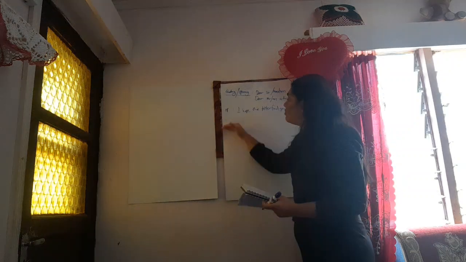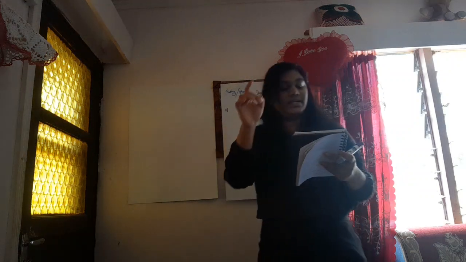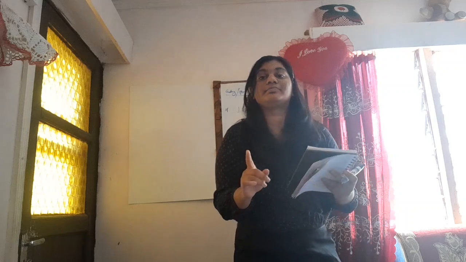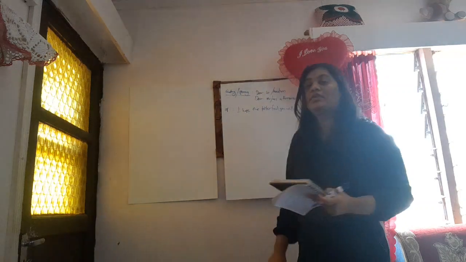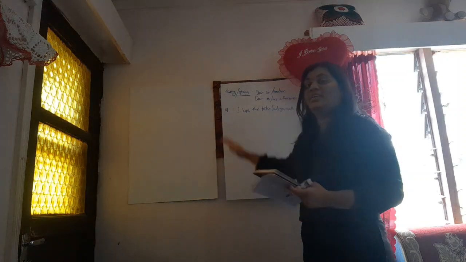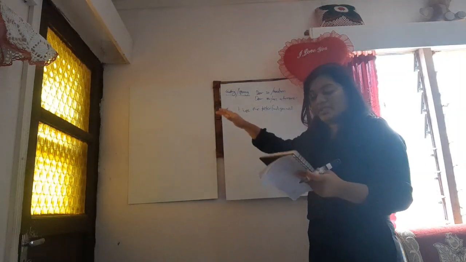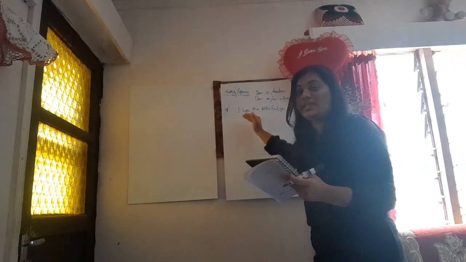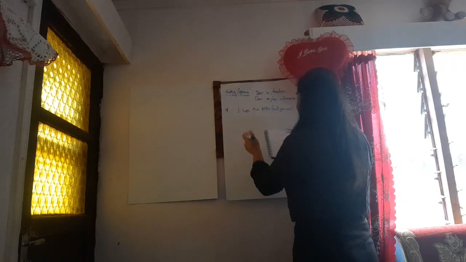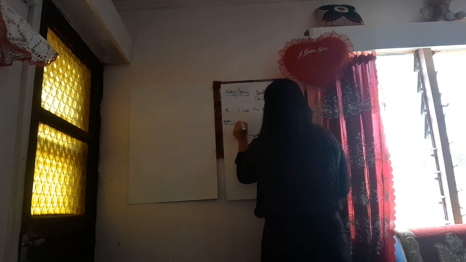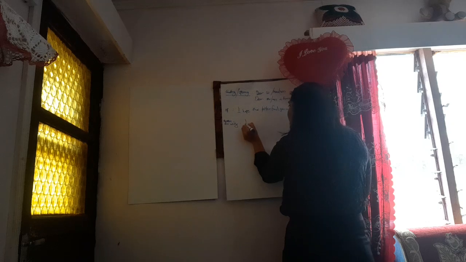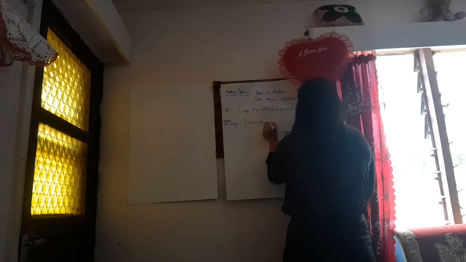Then comes the body, stating the reason for writing. That's very important. You need to state why you are writing this letter, whether it's a job application, a complaint, or an inquiry letter. That's the reason for writing. "I am writing to complain."